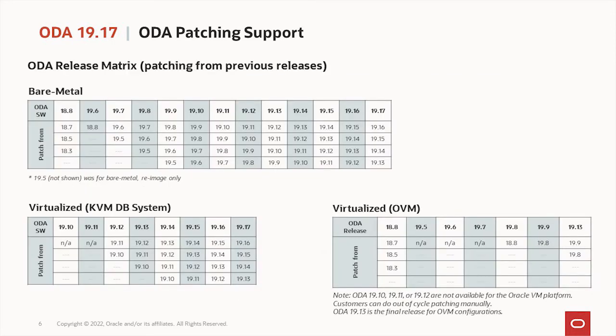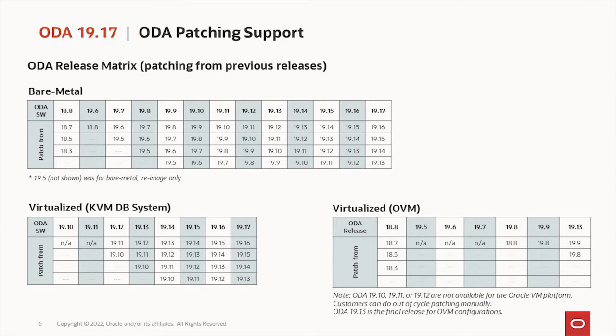Now, on this set of matrices, just a quick reminder that we test and qualify the last 4 versions of the Oracle Database Appliance software to patch to the latest. This doesn't mean that older ones, more than 4 back, are not going to work.